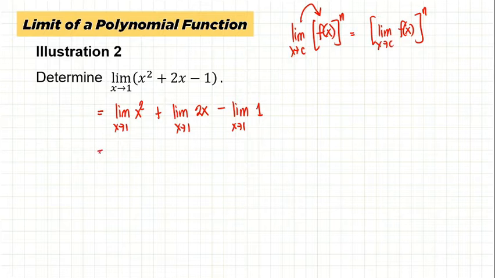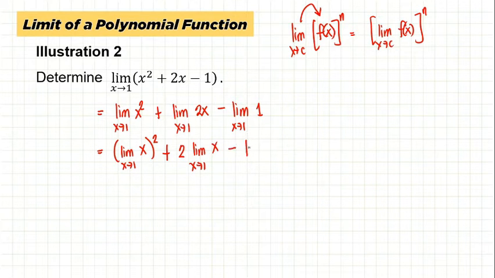So, what will happen? We will have the limit of x as x approaches 1 to the power of 2. So, yung in-apply natin ay yung power theorem. Plus, ito naman, constant multiple, so ilalabas natin si 2, limit of x as x approaches 1. Then, copy limit of 1 as x approaches 1.